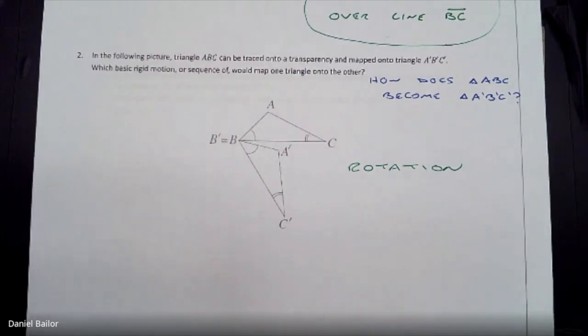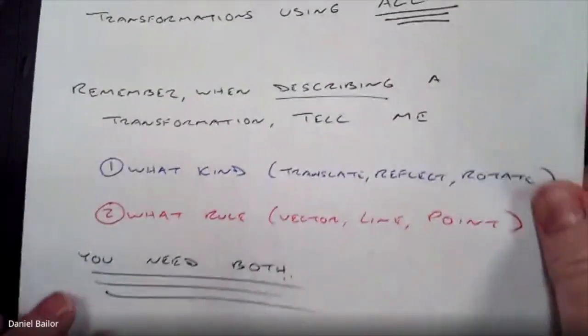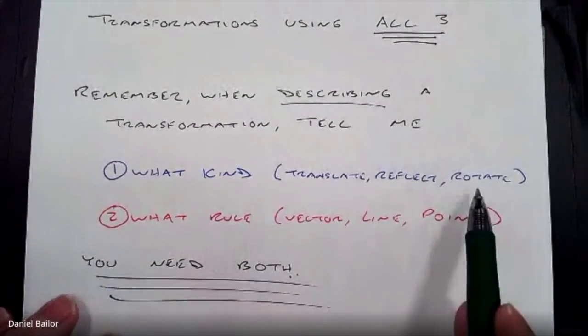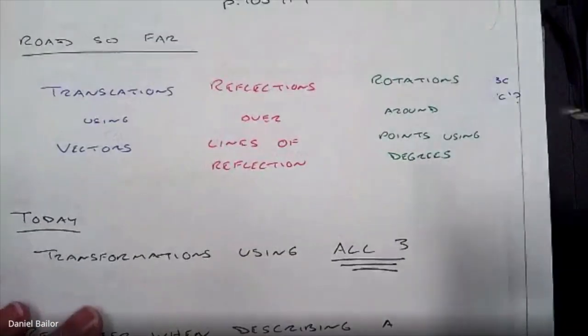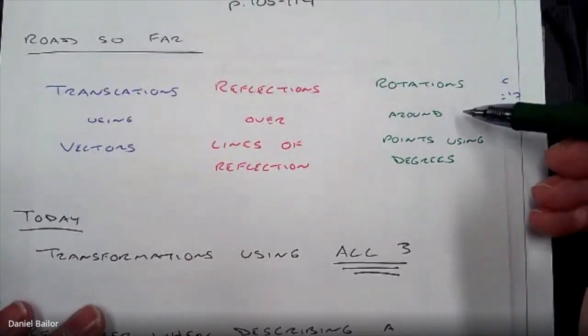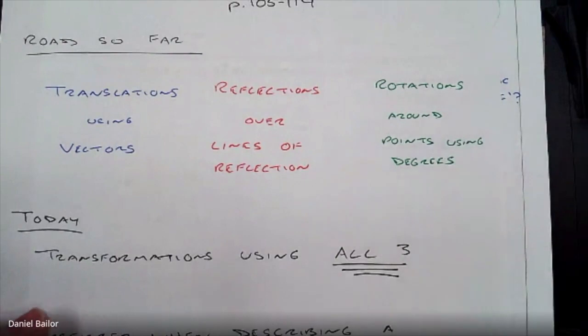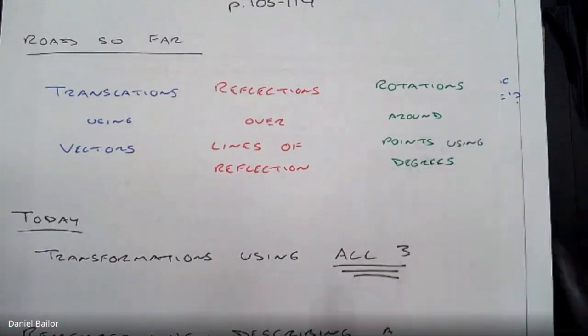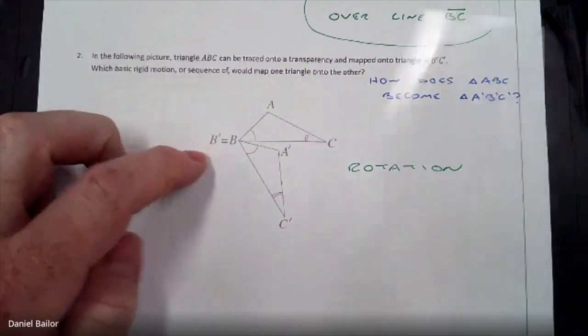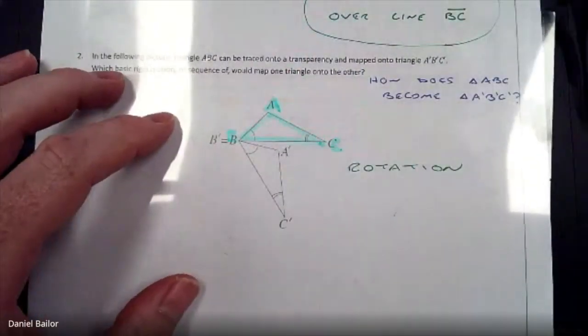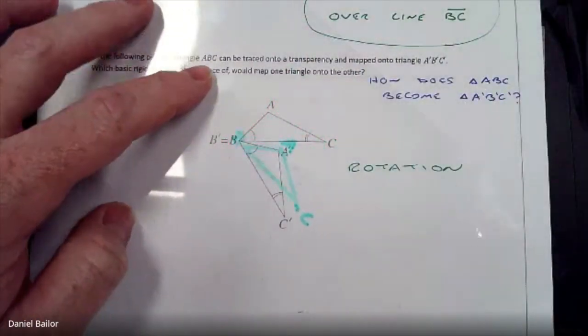Because if you look at our notes, I told you what kind, it's a rotation. You also need to tell me what rule. And so for rotations, we need to say around what point? Well, for this one, look at this rotation. What point stays in the same spot?